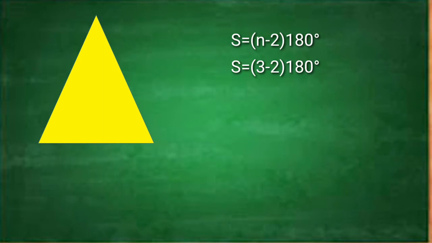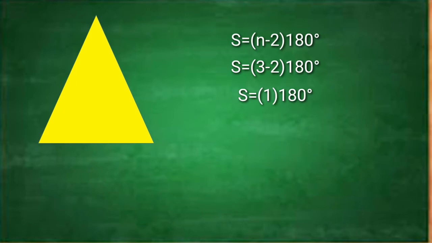To prove the sum of the interior angles of a triangle using this formula, since triangle has 3 sides, use the formula S is equal to the quantity n minus 2 times 180 degrees. So you have to substitute the value of your n. So we have S is equal to the quantity 3 minus 2 times 180 degrees.